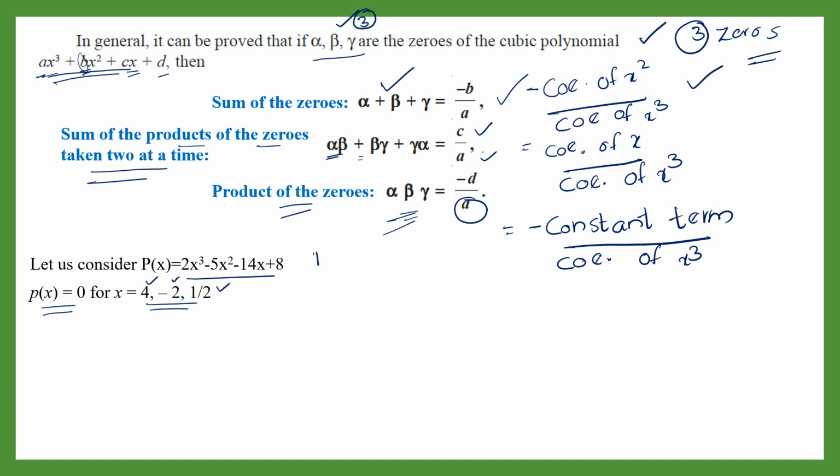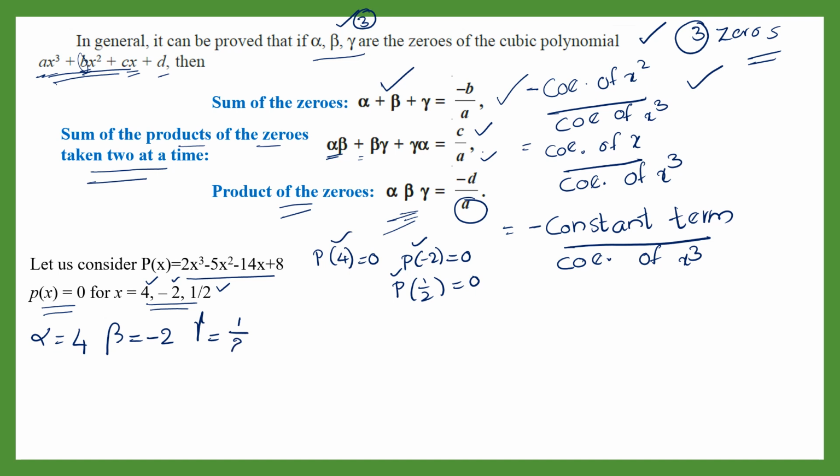If you verify, p of 4 becomes 0, p of minus 2 becomes 0, and p of 1 by 2 becomes 0. These three are the zeros. So alpha is equal to 4, beta is equal to minus 2, and gamma is equal to 1 by 2.